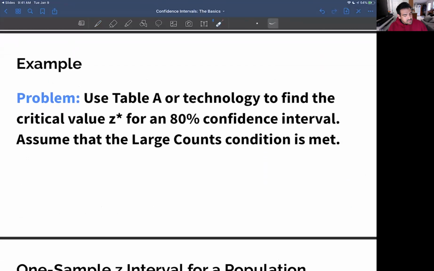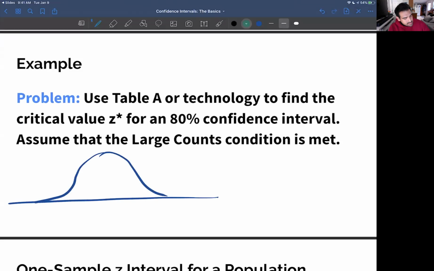So we want to use technology. We're just going to use technology to find the critical value z* for an 80% confidence interval, assuming that the large counts condition is met. Before we go to our calculators, let's just take a second to think about this. If I have a normal distribution and I want 80%, that means I have an area of 0.8 in the center of my normal distribution.